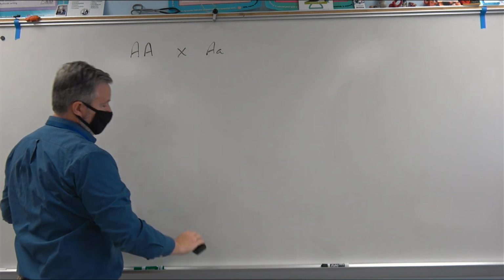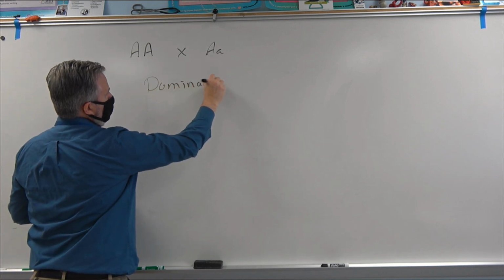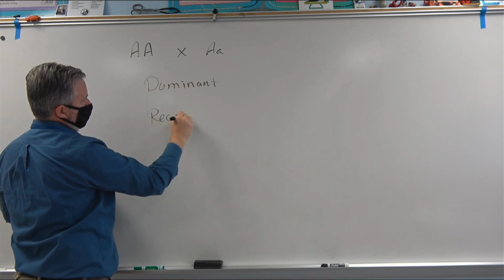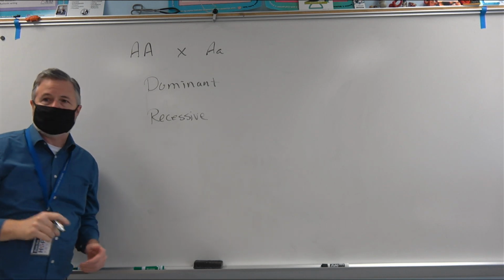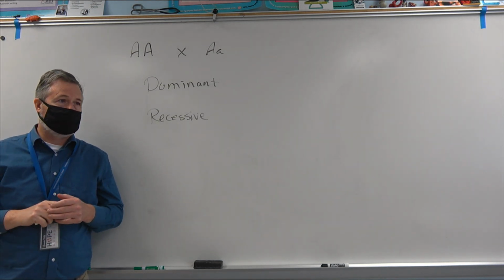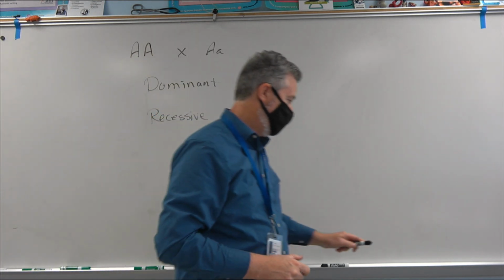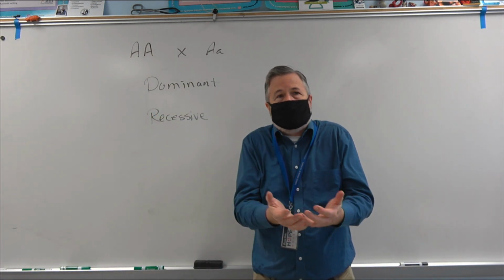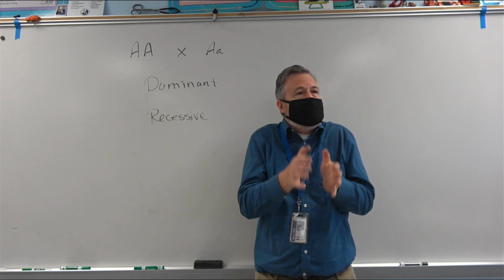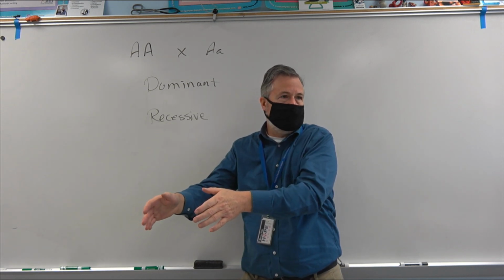We need to talk a little bit about what dominant is and what recessive is. It is now time for us not to lie to you and tell you that dominant, big A, gets you the phenotype. It does, but dominant means expression of the gene.